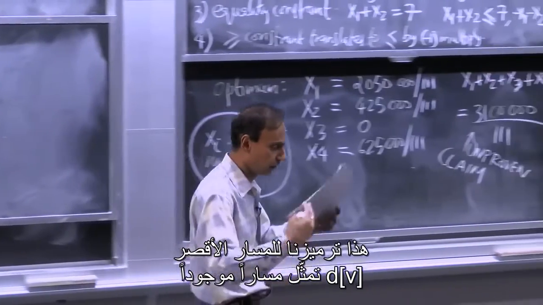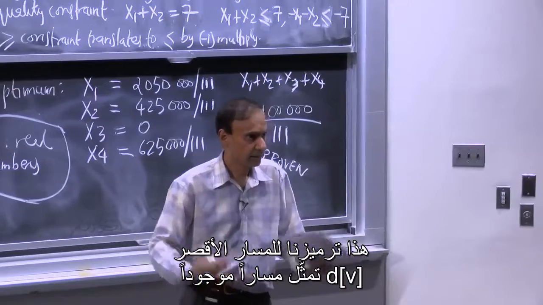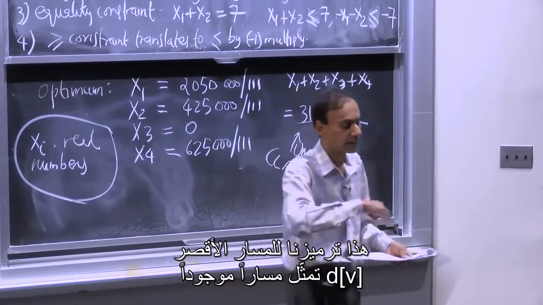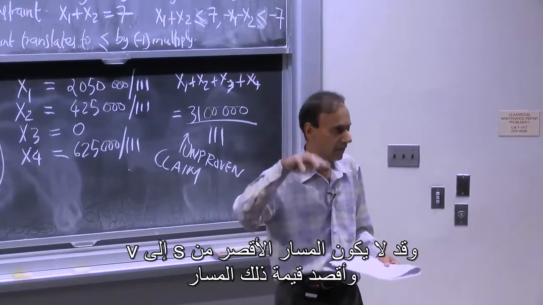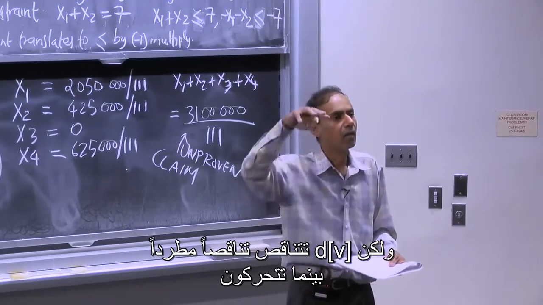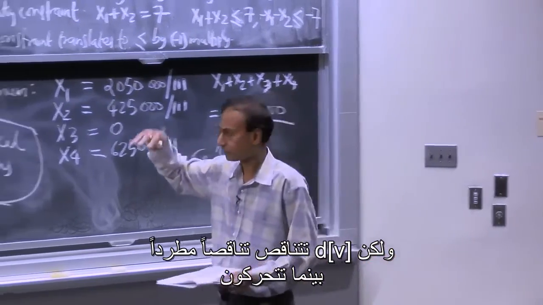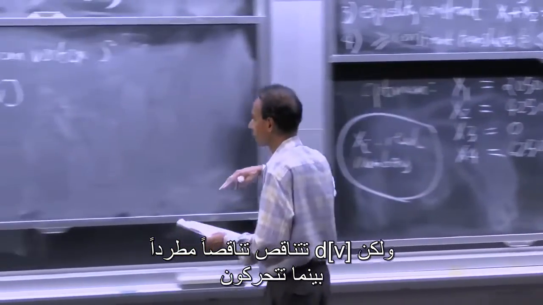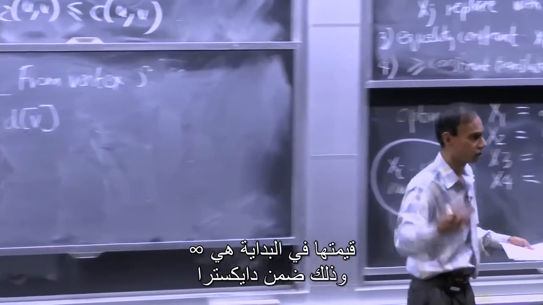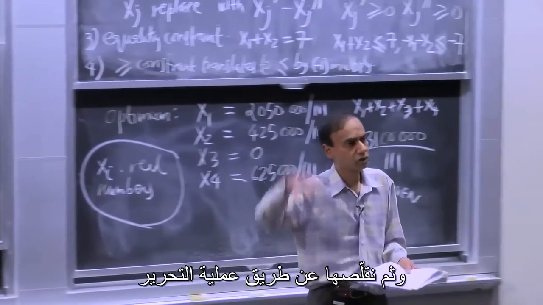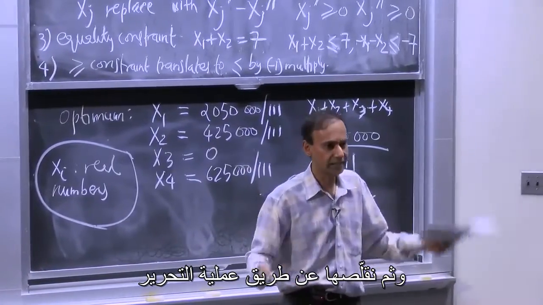That's our notation for shortest paths. dv represents an existing path. It may not be the shortest path from S to V, but dv monotonically decreases as you run through. It's initially infinity in Dijkstra, and then we shrink it through a process of relaxation.